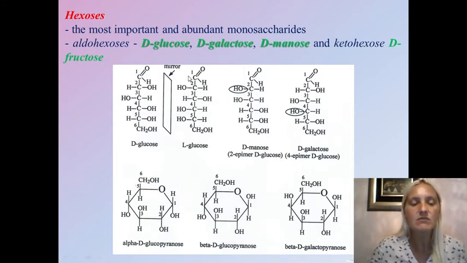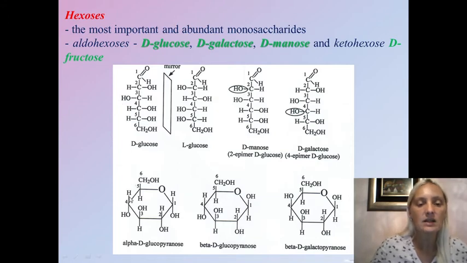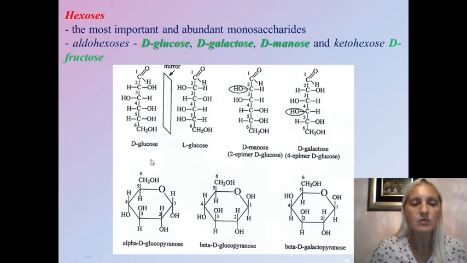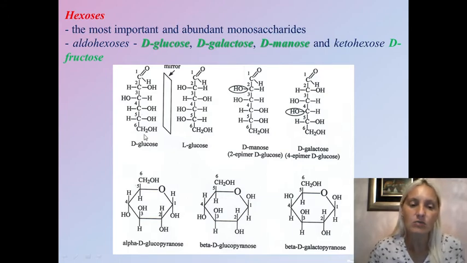And of course, if we are writing the cyclic forms, the OH group on C2 is right, so it goes down below the ring. OH group at C3 is on the left, so it goes above the ring. OH group at C4 is right, so it goes below, and so on.